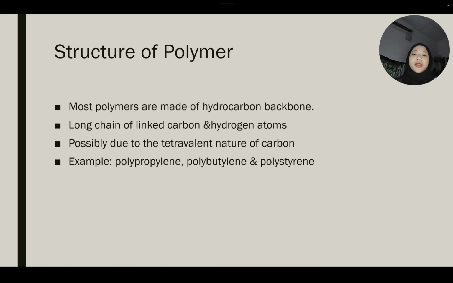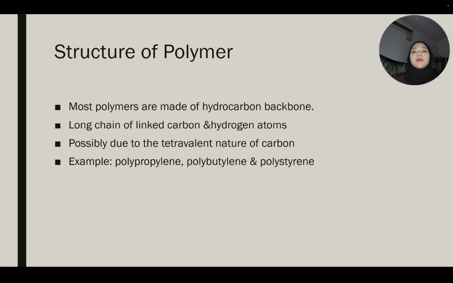Structure of polymer. Most polymers are made of a hydrocarbon backbone, a long chain of linked carbon and hydrogen atoms, possibly due to the tetravalent nature of carbon.